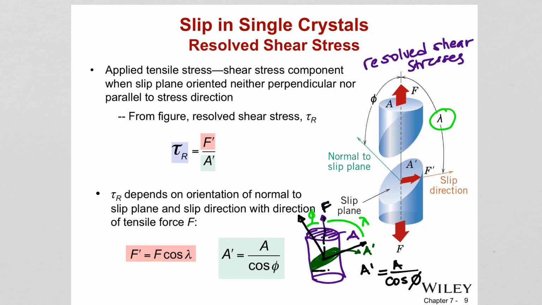Because if you look carefully, if this is A, the angle between these is also phi. So that means A prime times cos phi is equal to A. We can write this from just the geometric relationships.